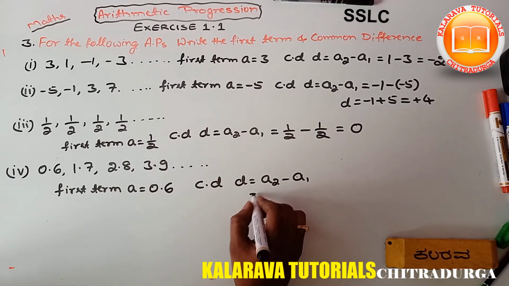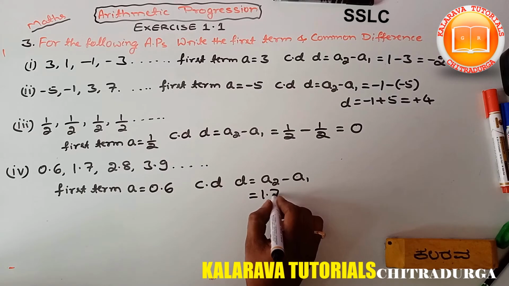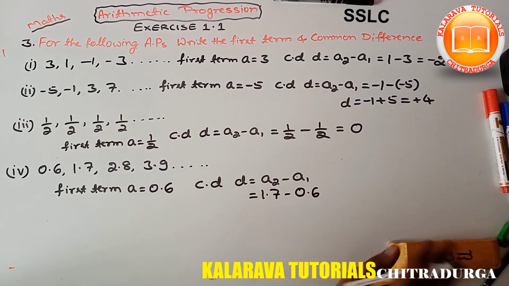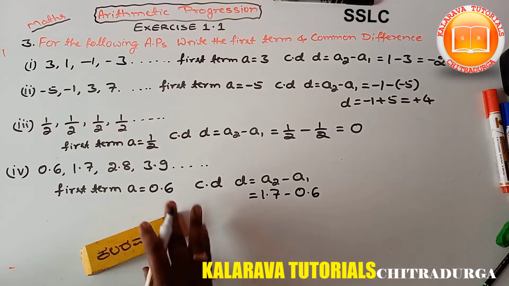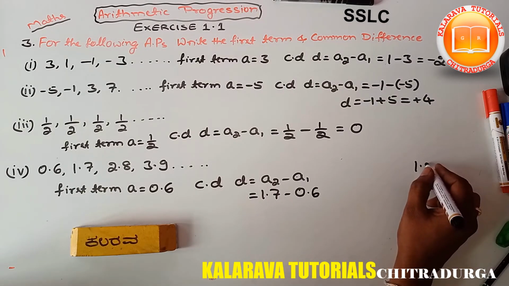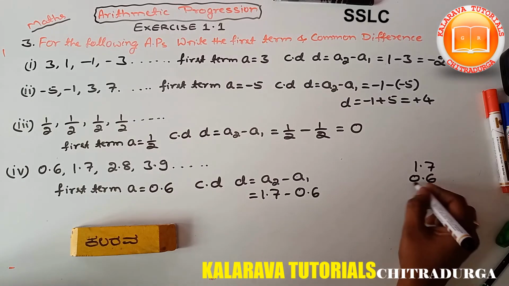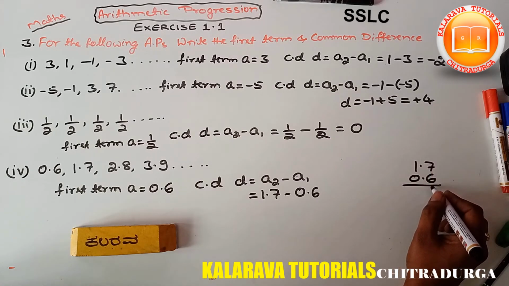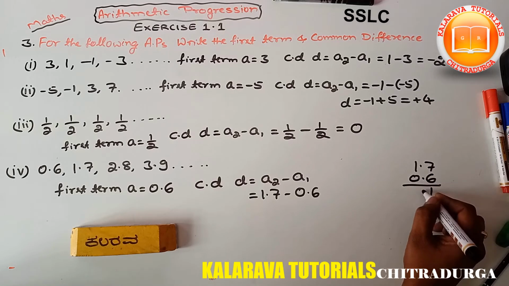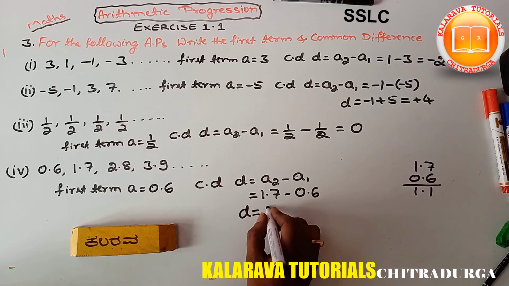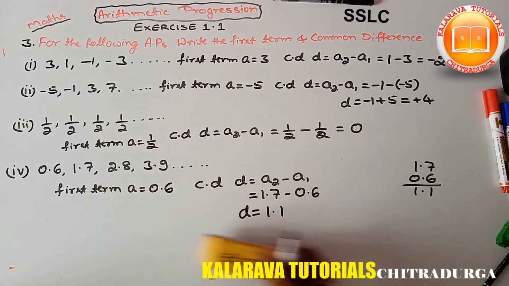So here A2 is 1.7 minus A1 is 0.6. For finding this, we write the terms like 1.7 minus 0.6. So we subtract 6 from 7, that gives you 1.1, and the value of D is equal to 1.1.